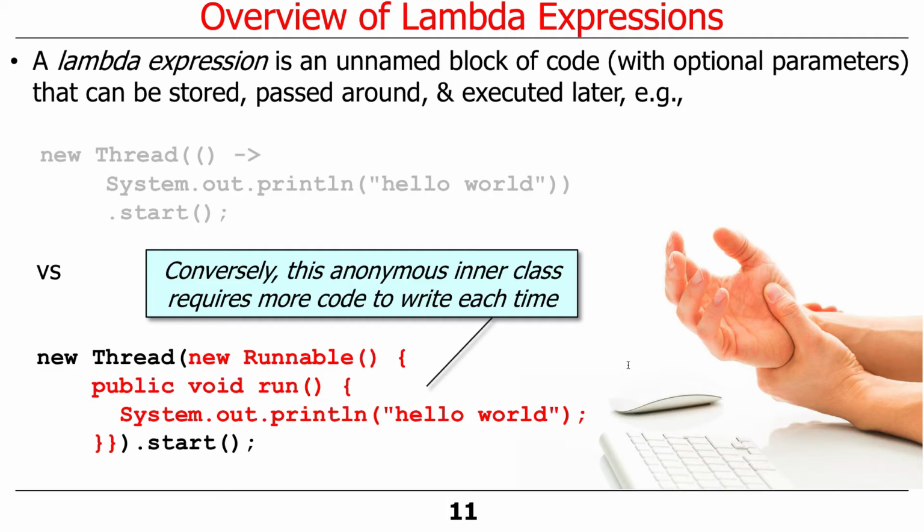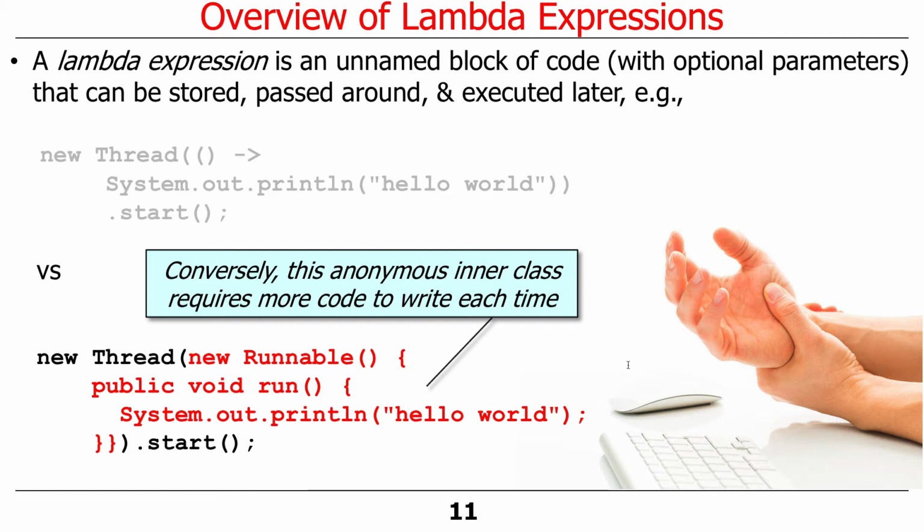Right? So here's how you might have written that same sort of code back in the day prior to Java 8 by having to write what's called an anonymous inner class. And look at all the additional syntax we have to do here. We have to say new Runnable. That makes an instance of this anonymous inner class. Public void run, and so on.